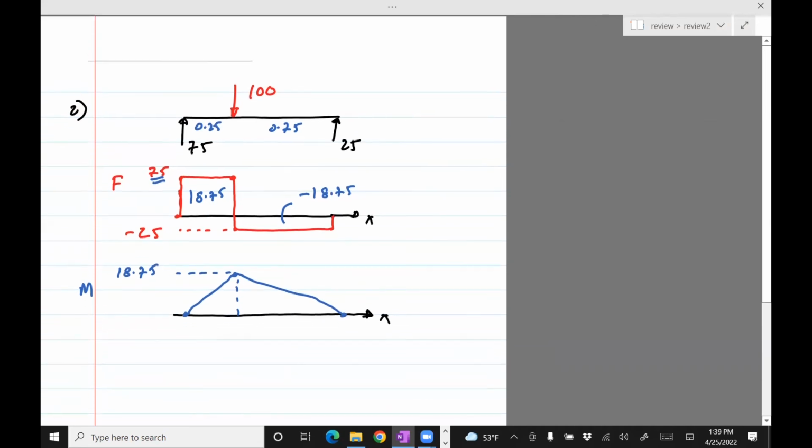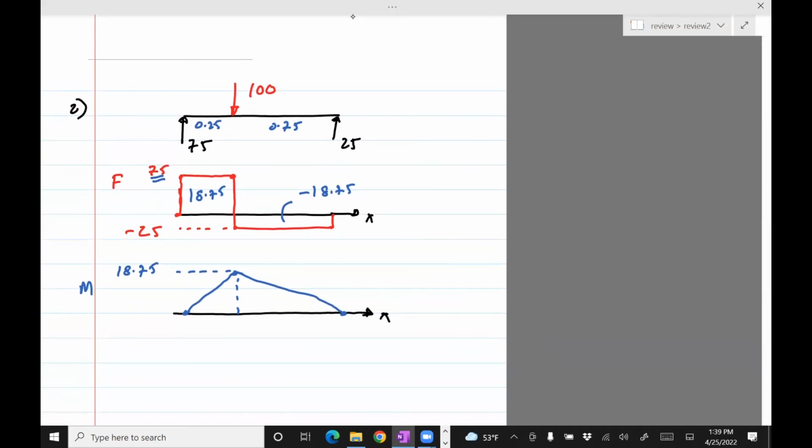X. Okay, just to remind you about the geometry. So the geometry was something like this. At 0.5, we went this way, a little further.